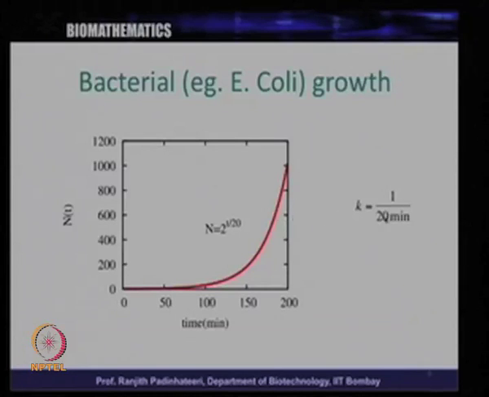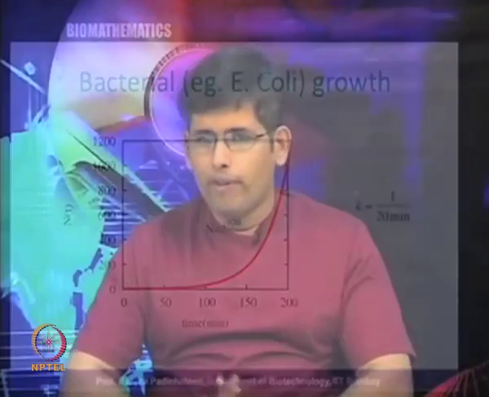Here 1 over 20 per minute is the rate of growth. Now what we want to understand is something about the derivative, the slope of this curve.